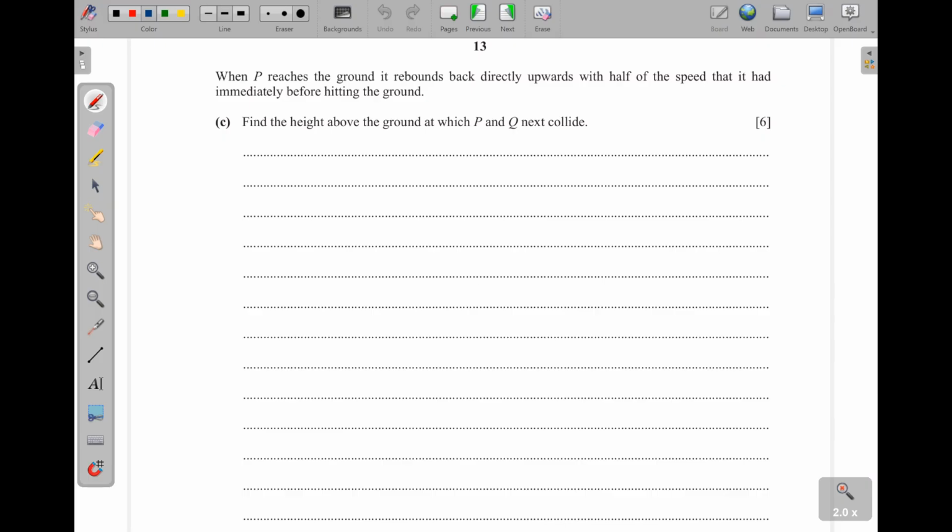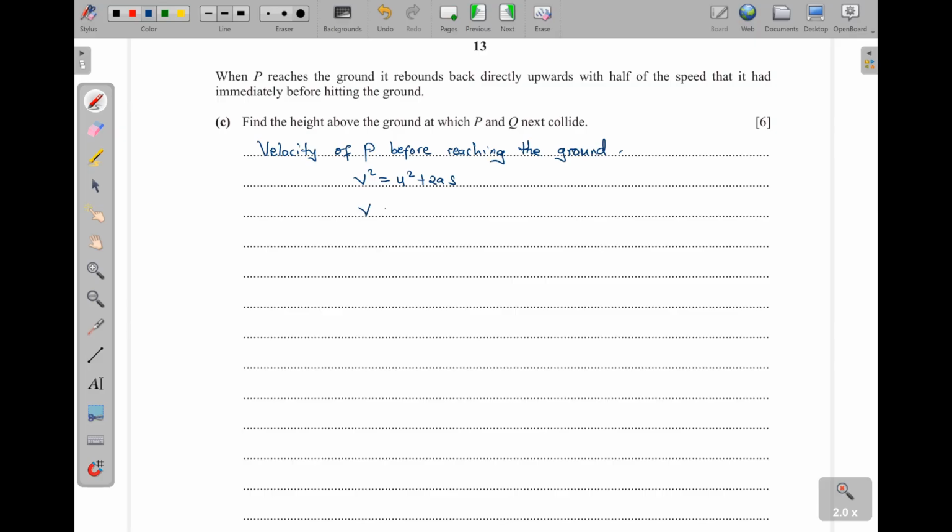Now, we need to first find the velocity with which P hits the ground. So we can use V squared is equal to U squared plus 2AS.